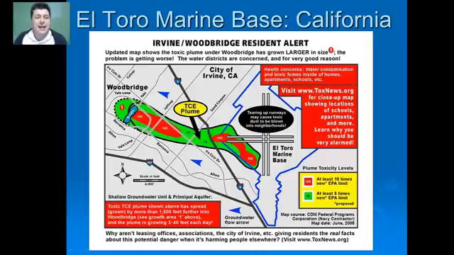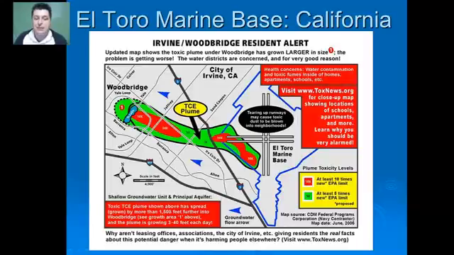Here we've got an example from the El Toro Marine Base in California. They were using a solvent called trichloroethane to clean the jets, and some of their jet fuel containers actually began to leak, and it entered into our groundwater system and began to move.